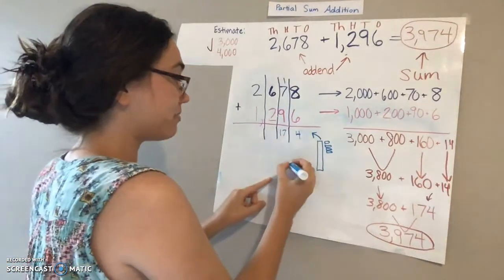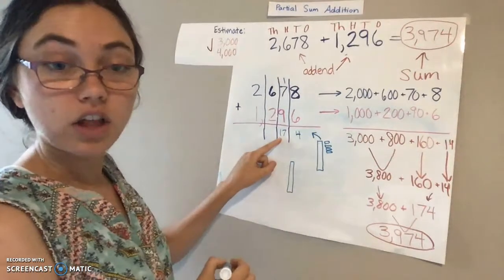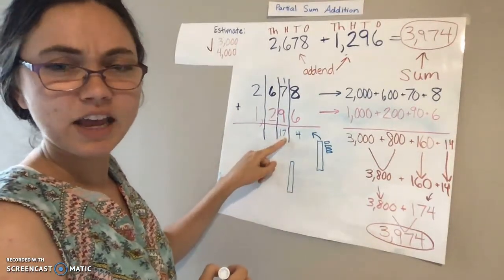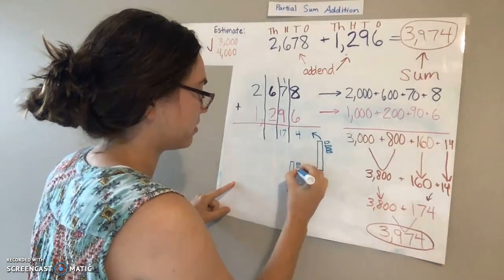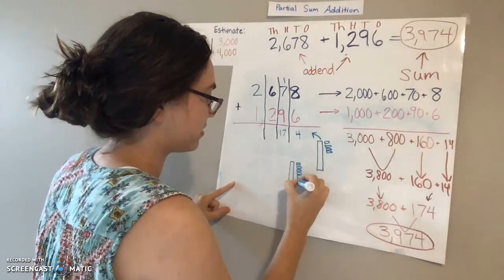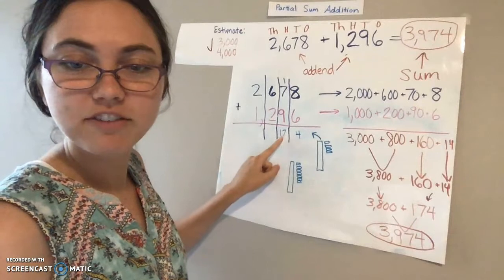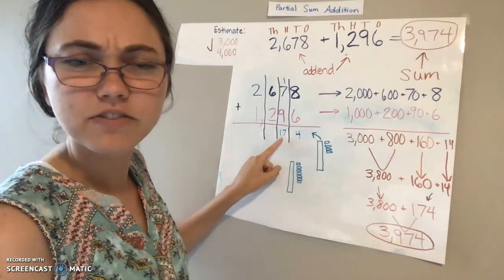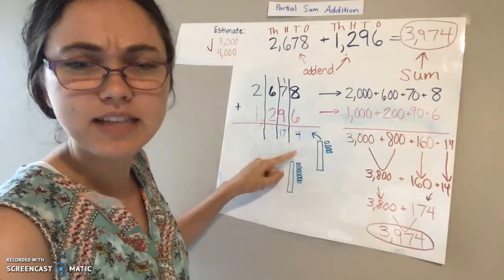So 17, remember, it's going to look like a long tens rod. And then how many ones? 7 ones. So here's what 17 looks like. A tens rod, and then ones. We have 1 tens rod. And how many ones? 7.